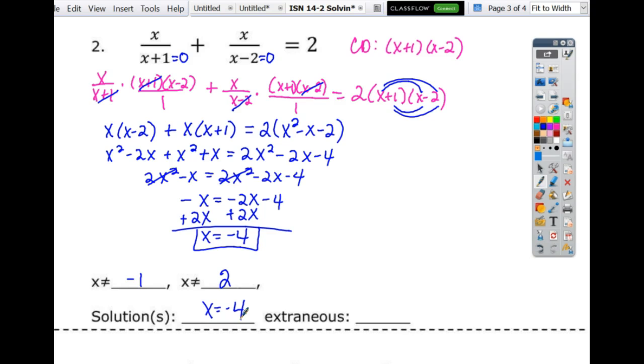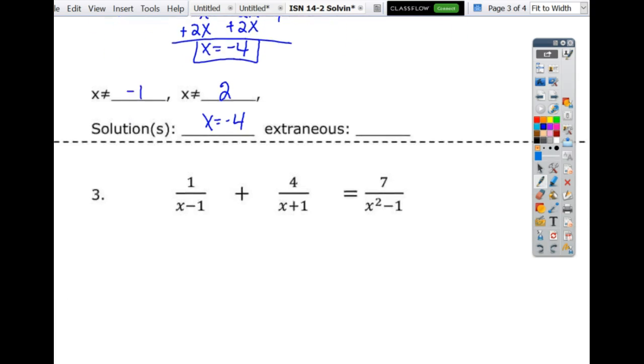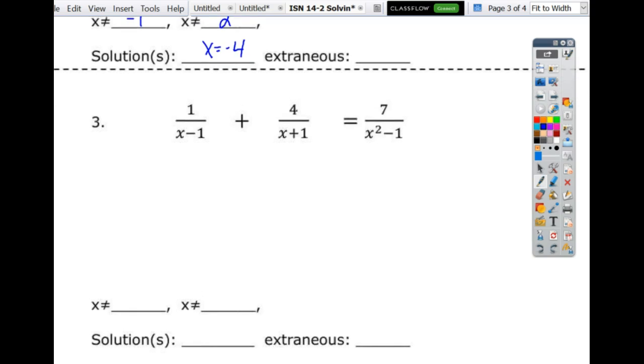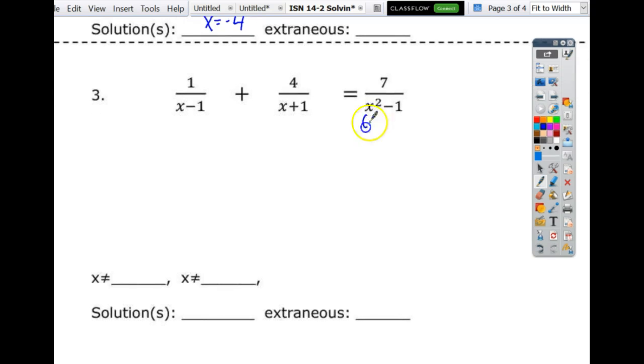So let's do it without so much writing, okay? Let's try one without so much writing. So this one, okay, so that's our common denominator, correct?